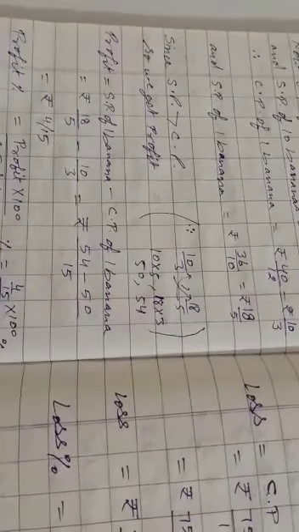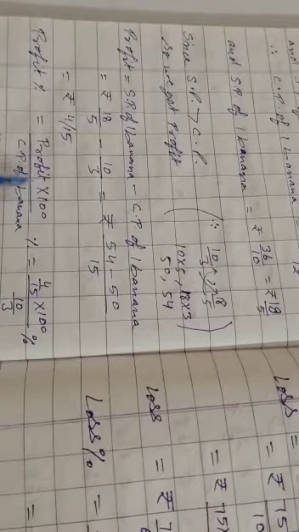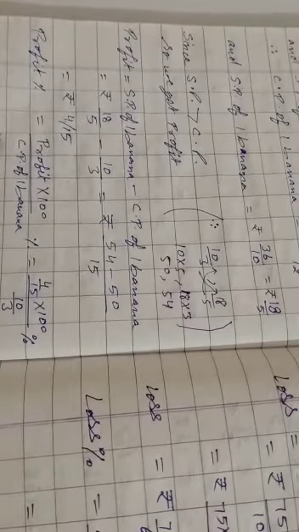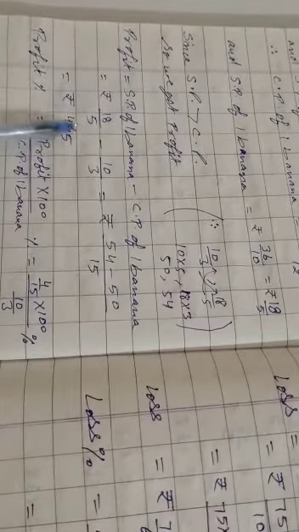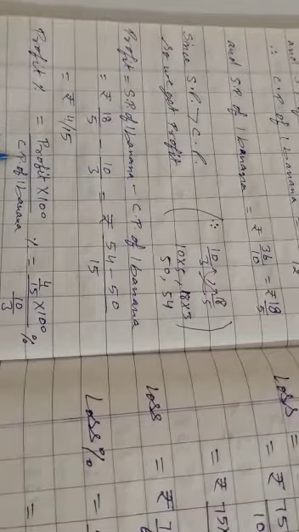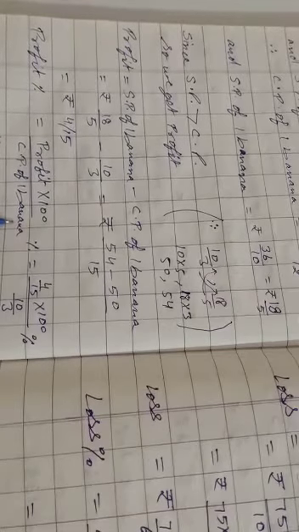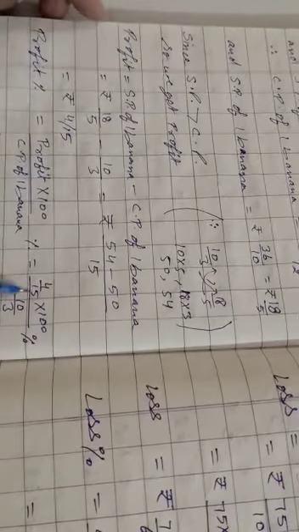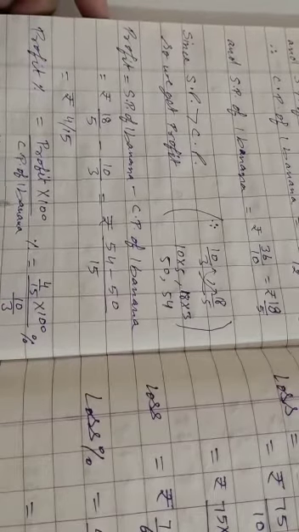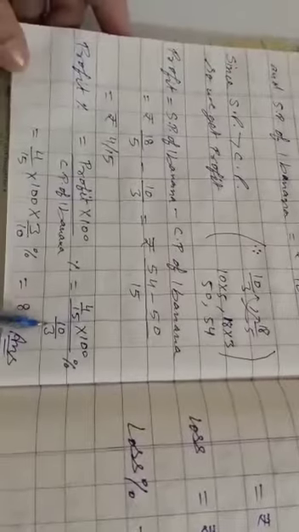Now profit percent equals profit multiply 100 upon CP of 1 banana. This profit occurs on only 1 banana, so we write CP of 1 banana. Profit 4 upon 15 multiply 100 upon CP of 1 banana. CP of 1 banana is 10 upon 3, so we write 10 upon 3.